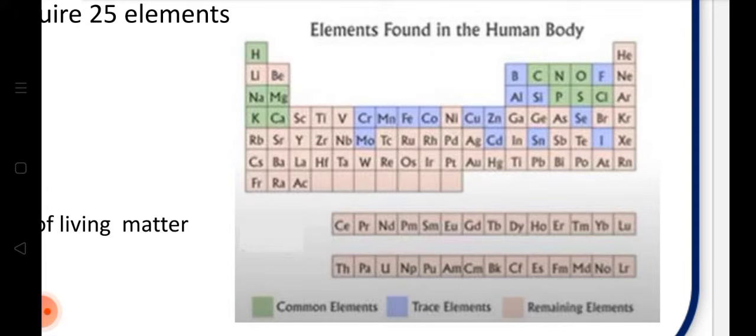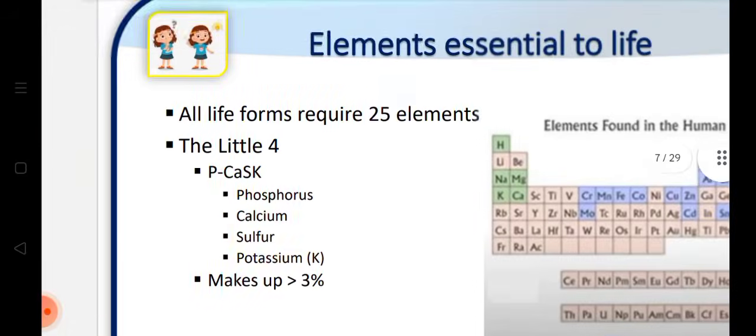The trace elements are composed of boron, fluorine, aluminum, then Si, silicon, and chromium, manganese, iron, cobalt, copper, zinc, selenium, molybdenum, cadmium, then Sn and I. All of the remaining elements are in color orange.